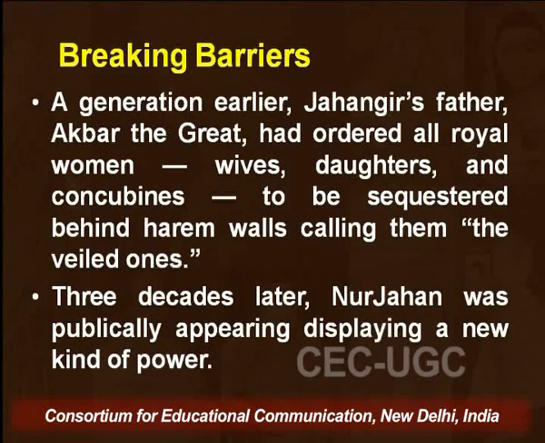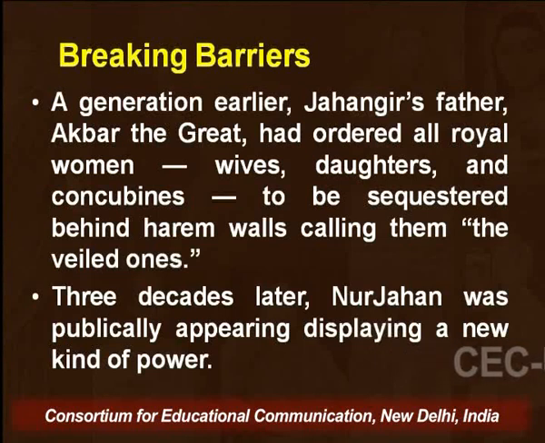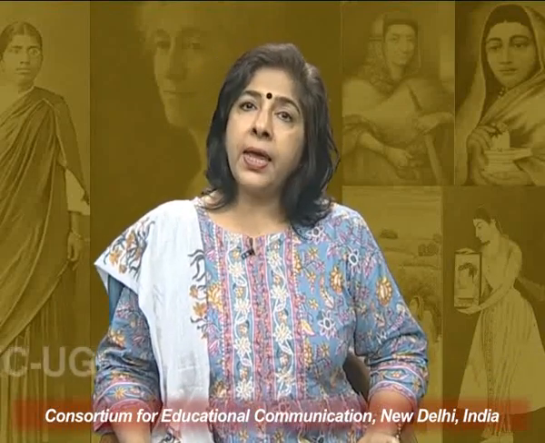Whereas three decades later, we have a personality like Nur Jahan, who was publicly appearing and displaying a new kind of power. As pointed out by Ruby Lal, this clearly was a case of breaking barriers, and that too within three to four decades of the norms that had been set by Akbar.